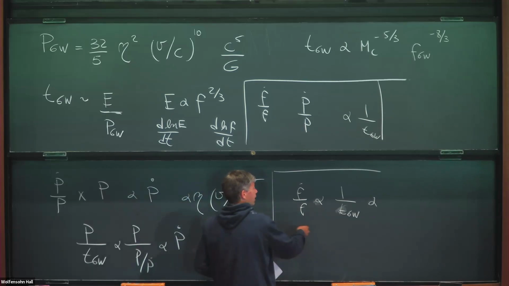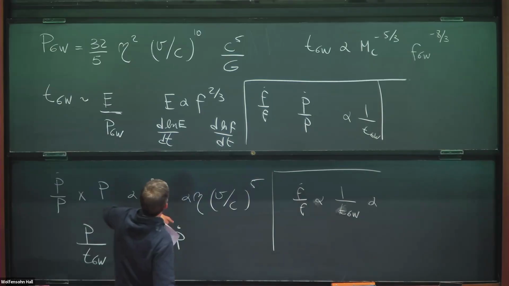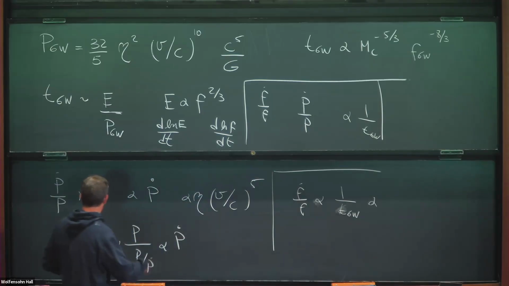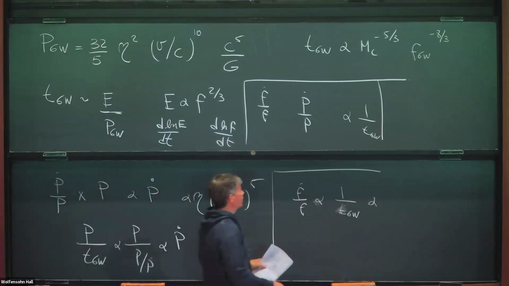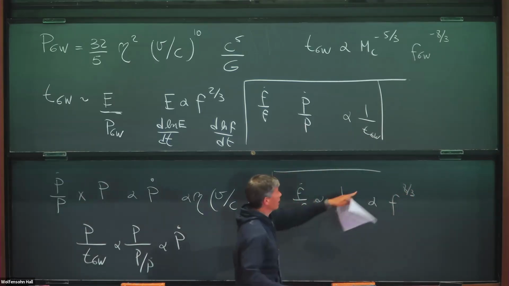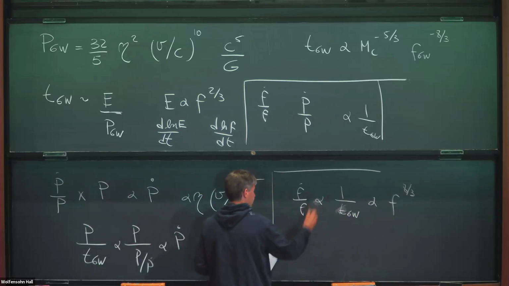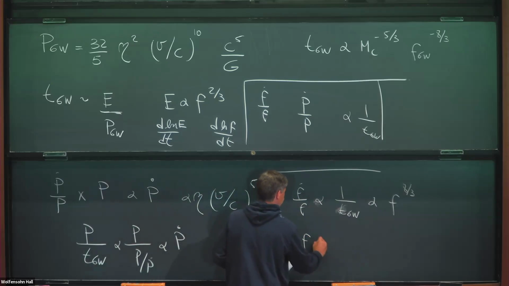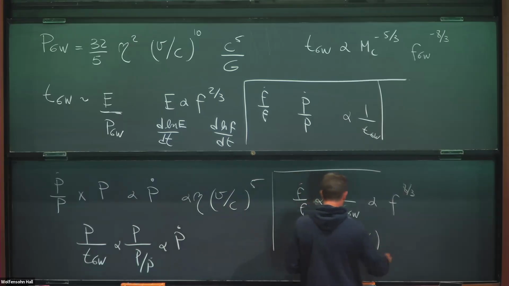And to do that, I just plug in the formula for the gravitational wave timescale, which I never wrote, but in terms of the frequency over there, yeah? And so this is proportional then to frequency to the 8/3. And so you can integrate this, so, exercise, integrate this, and find frequency proportional to t minus t of the merger to the minus 3/8.